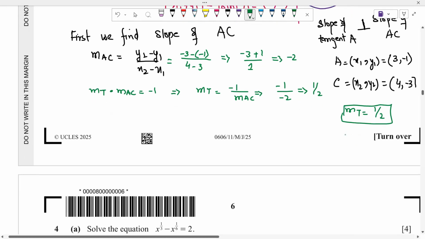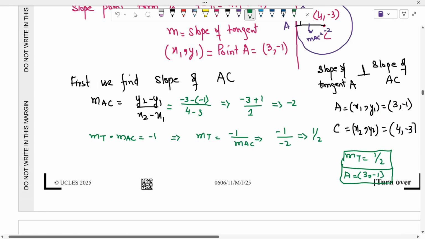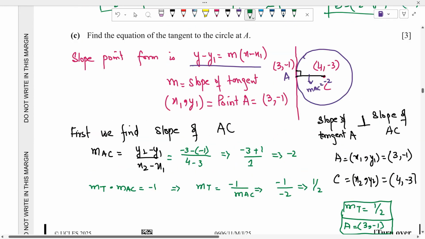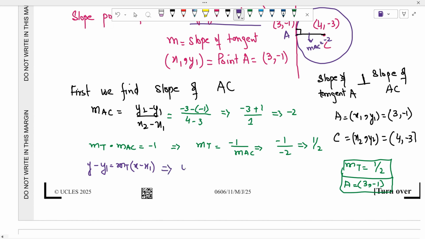We also have the information of point A, which is (3, -1). Using these two pieces of information, we can find the equation of the tangent. y minus y1 is equal to mt times (x minus x1), and in this case y minus (-1) is equal to 1 over 2 times (x minus 3).